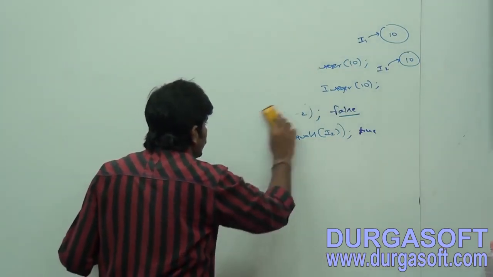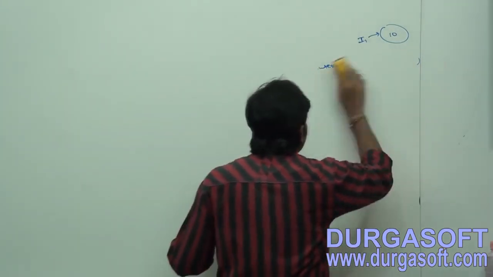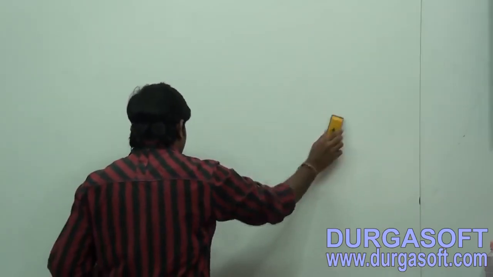Now keep subverting identity hash map. So it's a single word, it's a class name. Don't give space in the middle. Identity hash map, single word. Now listen. Identity hash map is exactly the same as hash map, except for a small difference.